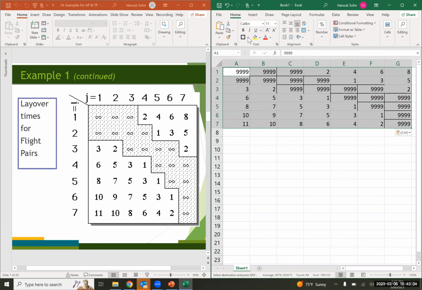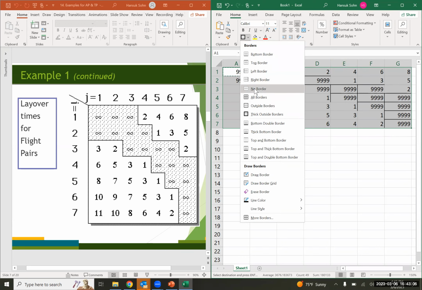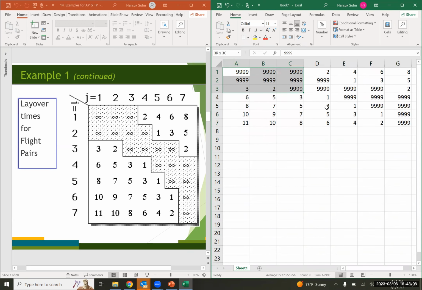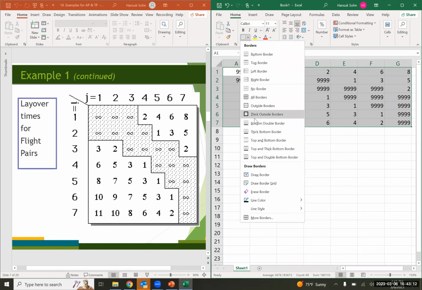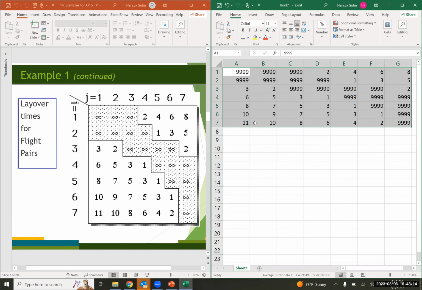I'm going to outline it like this. So this is going to be our initial cost matrix for the Hungarian algorithm.